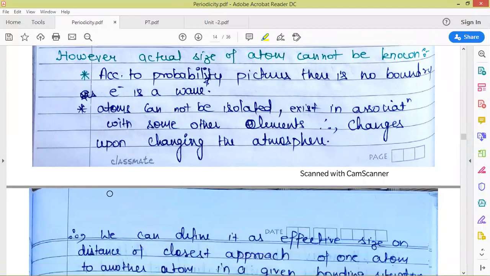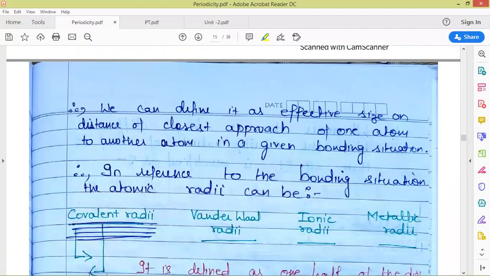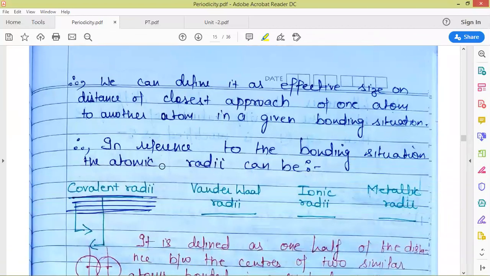So what we should do is define atomic radii as the effective size or the distance of closest approach of one atom to another in a given bonding situation. That means we can define atomic radii in a particular bonding situation. So in reference to bonding situations, the atomic radii can be of four types.